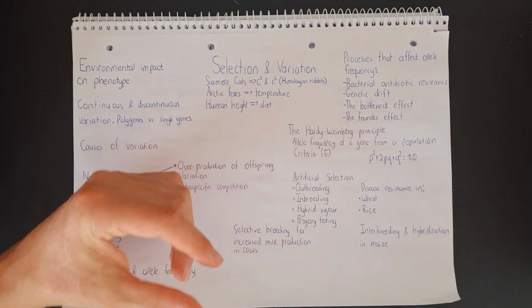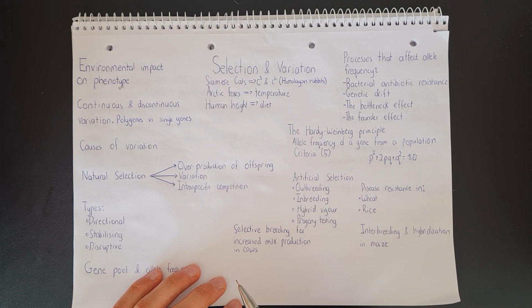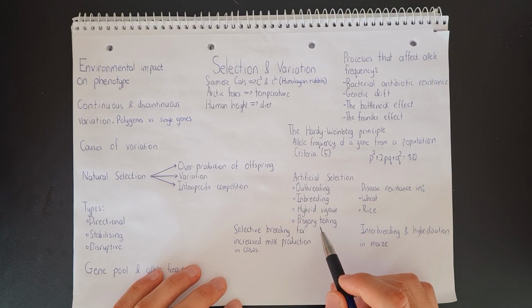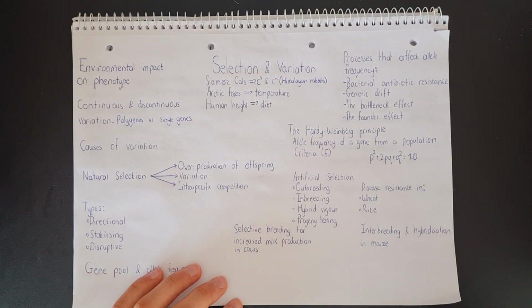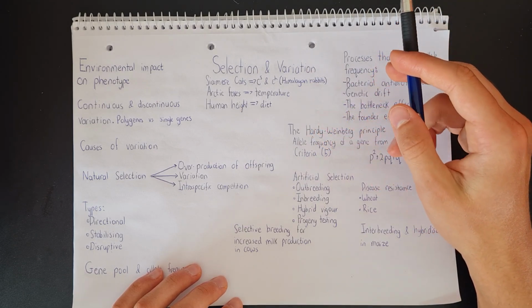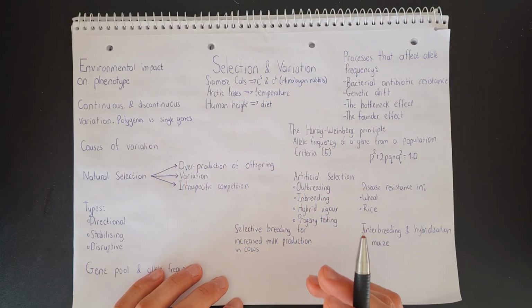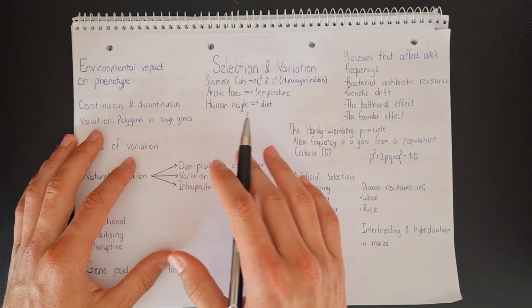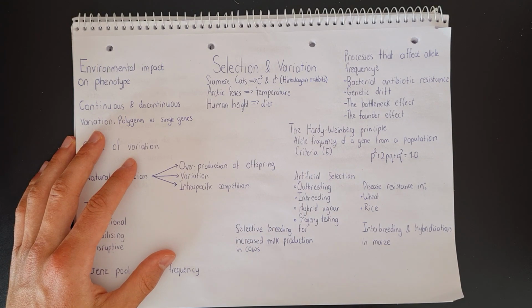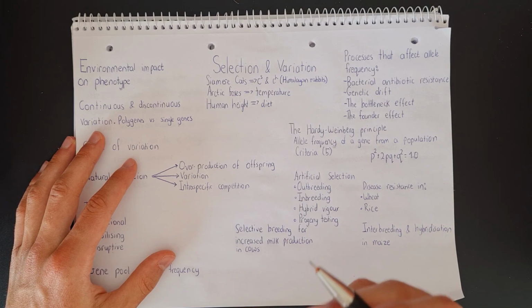So that's progeny testing. Now, selective breeding for increased milk production in cows can be done, right? Using our progeny testing, we can identify which individuals have produced offspring with favorable features like a high yield of milk. Once we have the 2 individuals that we want to cross, a cow and a bull, we can extract the semen from the bull.